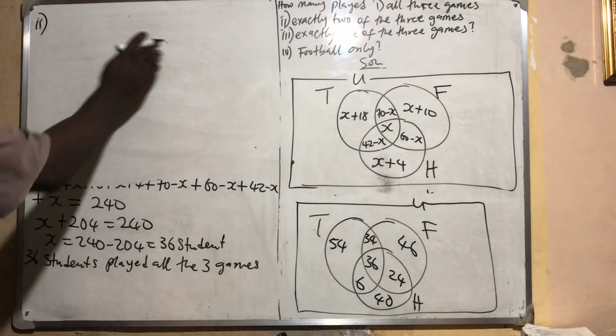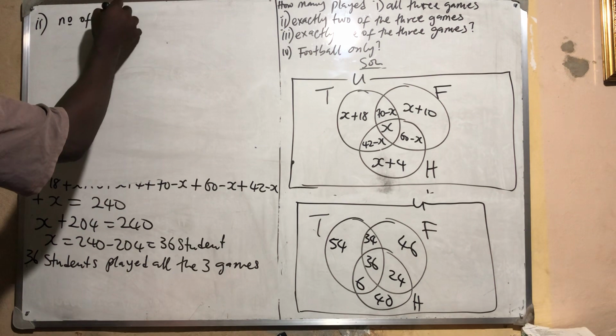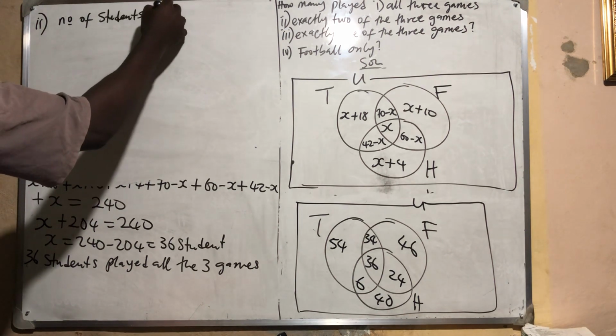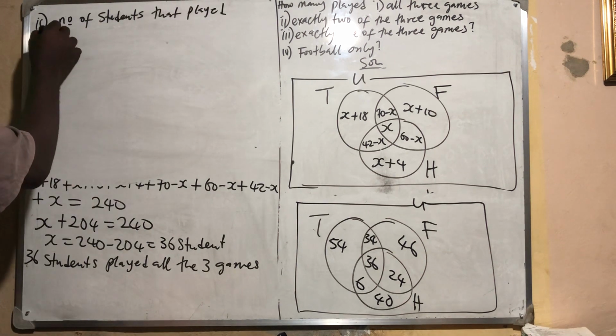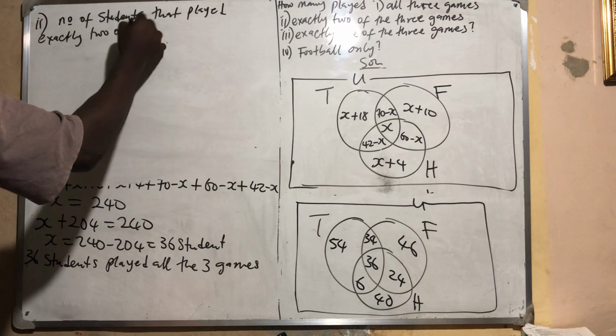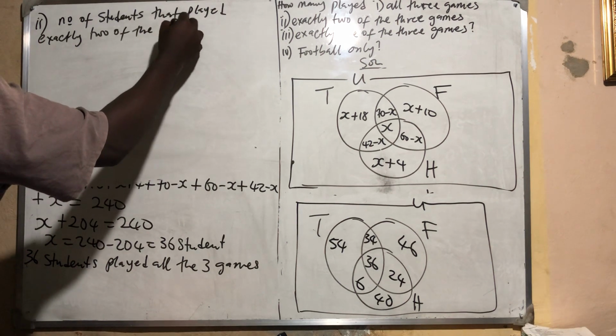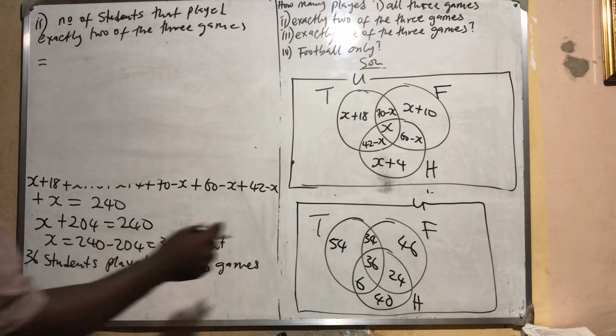So you will tell them the number of students that played exactly two of the three games will be equal to the people that played two of these.